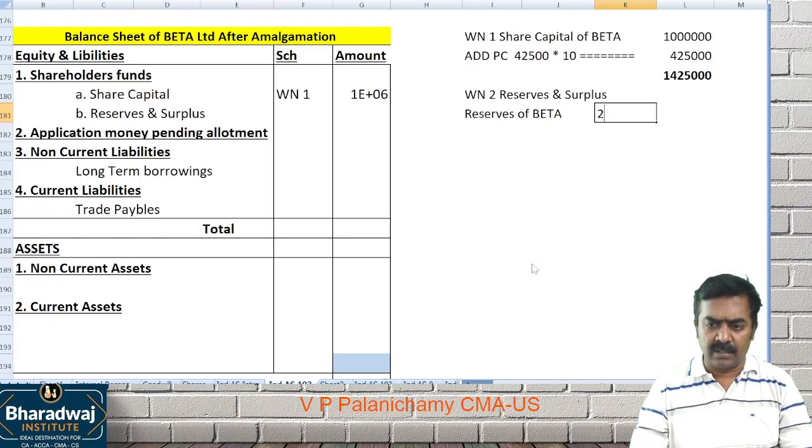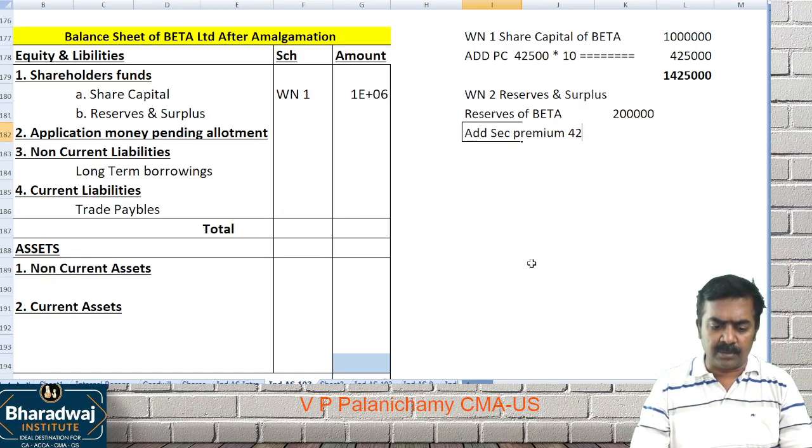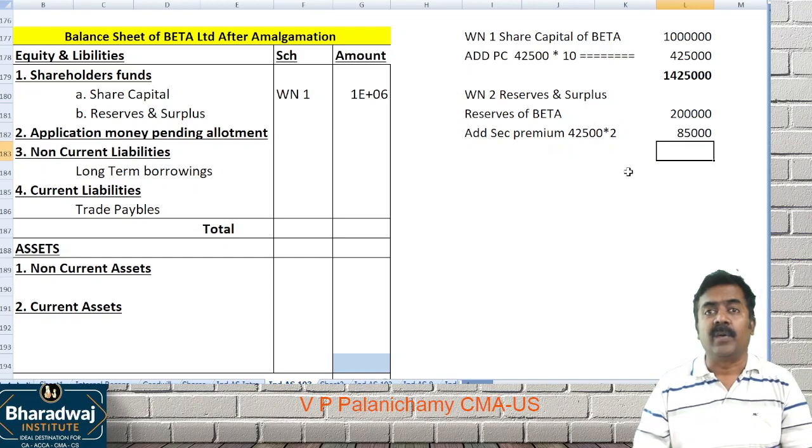Reserves of beta, 2 lakhs. Add securities premium, 42,500 into 2 rupees per share, which is 85,000. Wait, one of the most important adjustments.